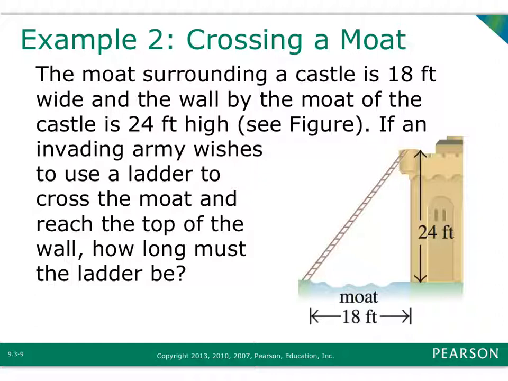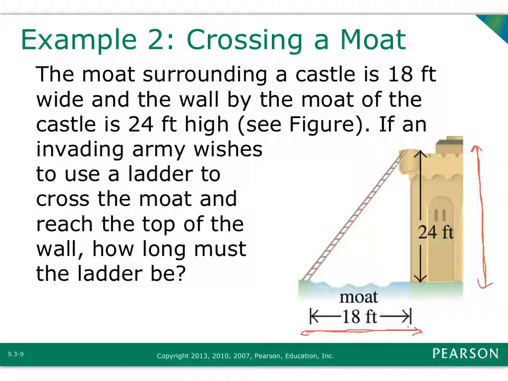So we draw our picture here. Here's our picture. We have one side of our triangle to be 24 feet, and we have the other leg of the triangle to be 18 feet.